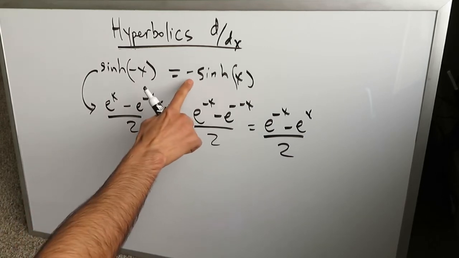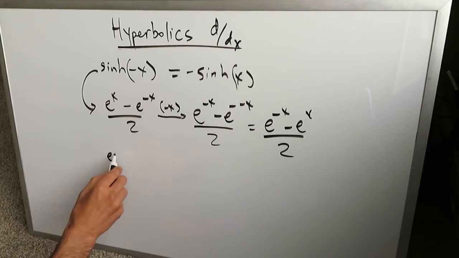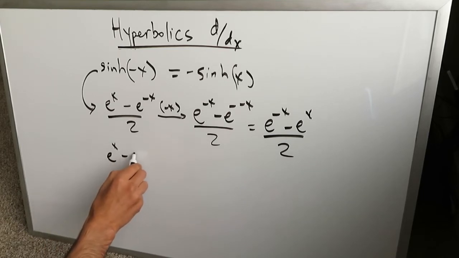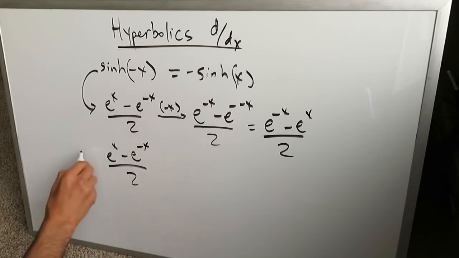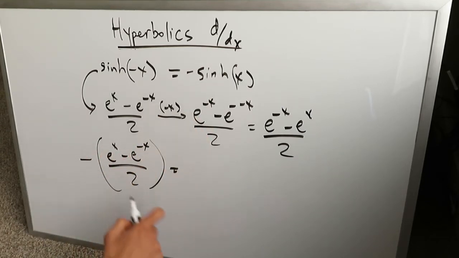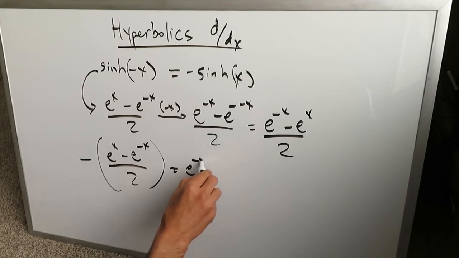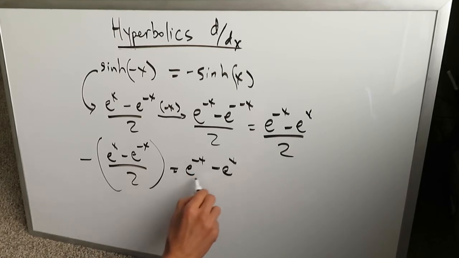Now if you look at this, we have to show that this thing is equal to that. If you take the very basic hyperbolic sine definition, which is e to the x minus e to the minus x over 2, and now you multiply this by a minus 1, which you have to show over here, it affects the arrangement of this numerator. What you end up getting is e to the minus x minus e to the x over 2.